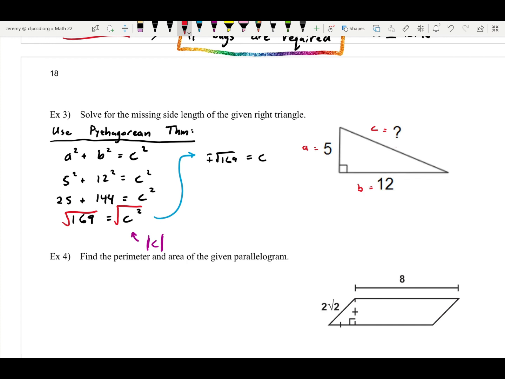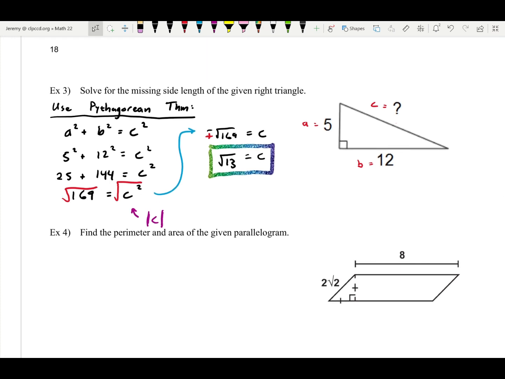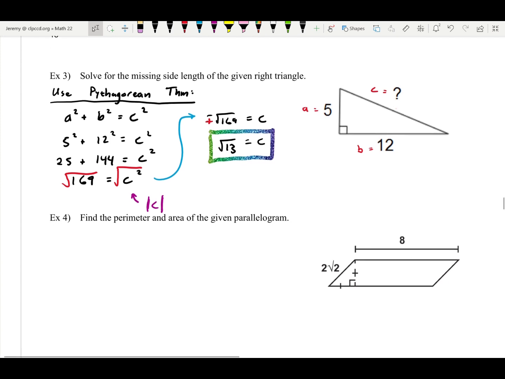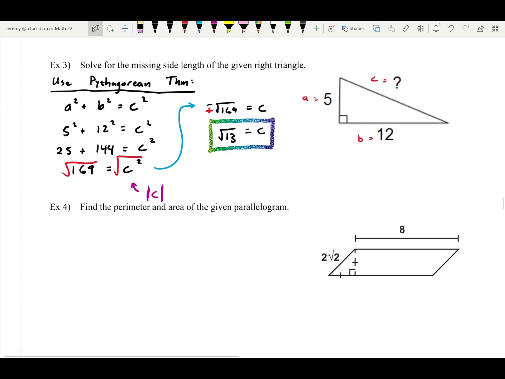Really, we just want the positive value because for now, there's no such thing as a negative side length. Okay, so c is really equal to positive square root of 169, which happens to be a very nice number. This is just square root of 13. Okay, just applying the Pythagorean theorem, solving by taking square roots, and getting that length of the hypotenuse.